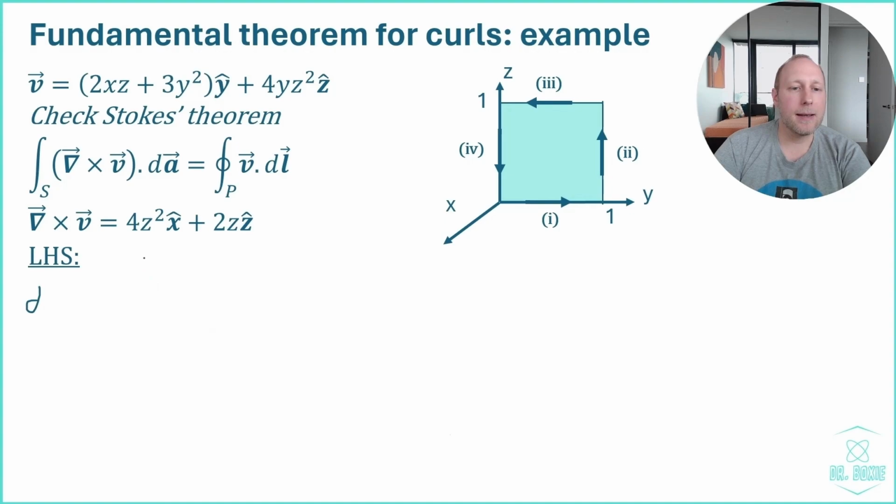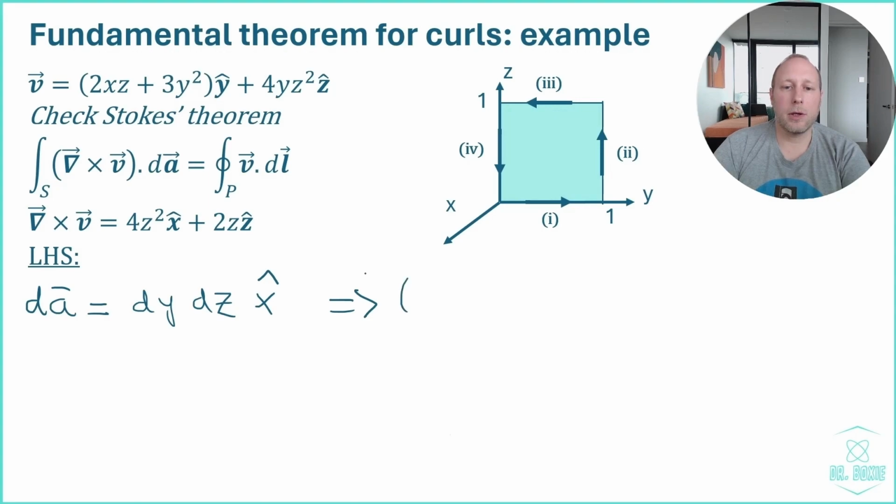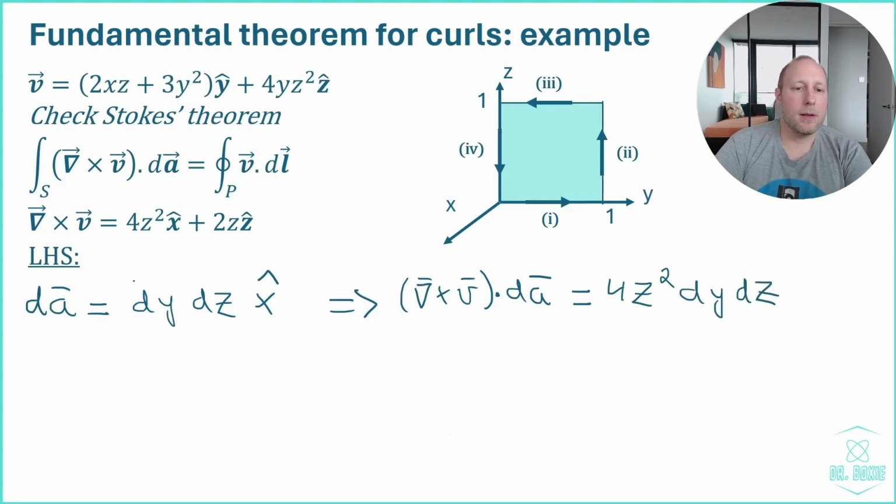And that means that dA is equal to dy dz times x hat, and therefore the curl of V dotted with dA is equal to 4z squared dy dz.